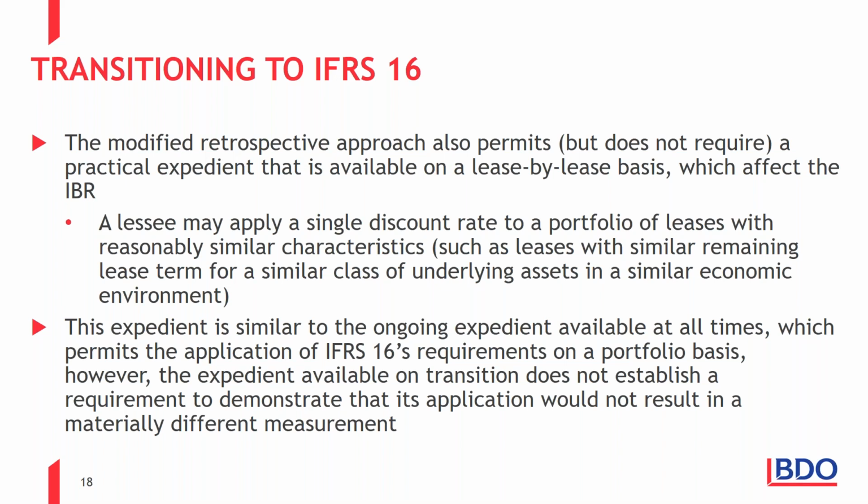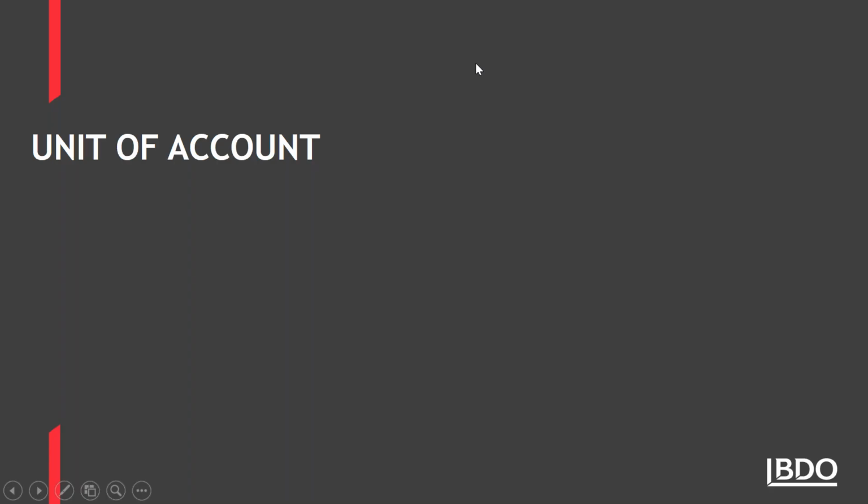However, if you start to use practical expedients for IFRS 16 on an ongoing basis after the date of transition, there's a higher hurdle to jump because you now have to start to prove that, if I put the portfolio together, it's not materially different to keeping it all separate. And that's harder to do, more work required, and a higher threshold.